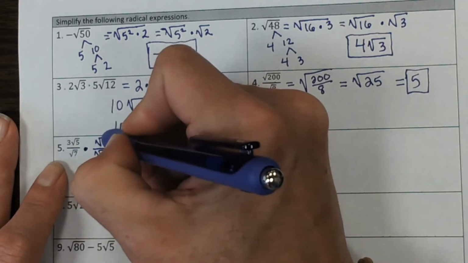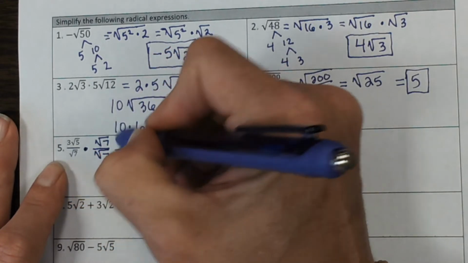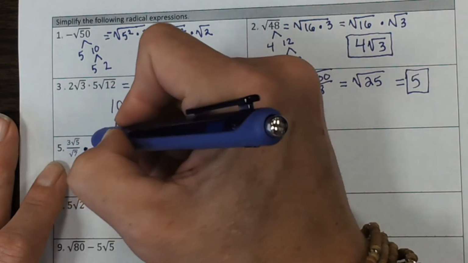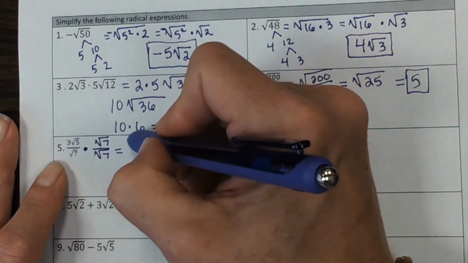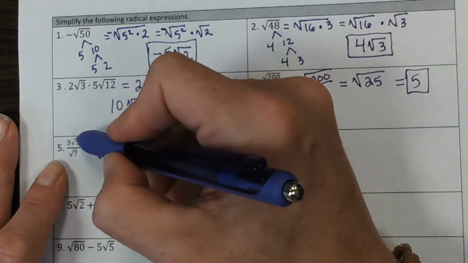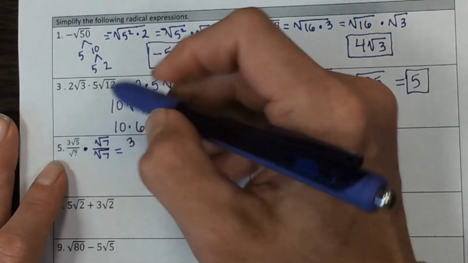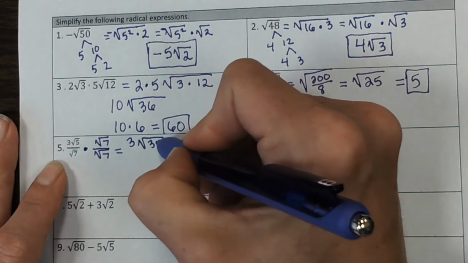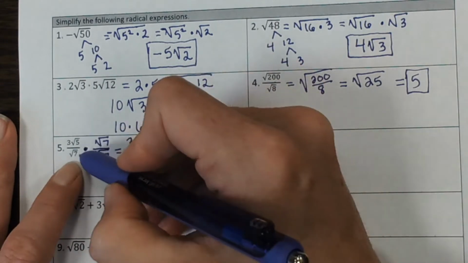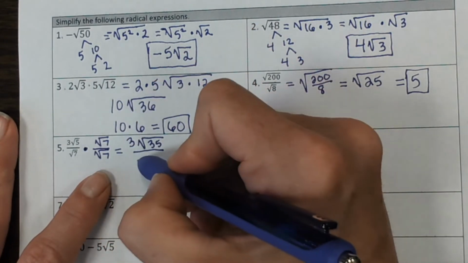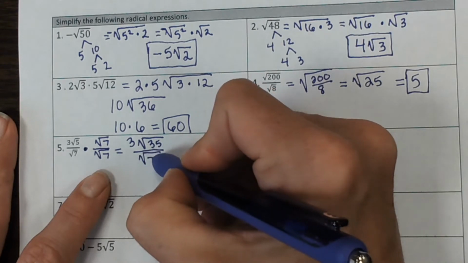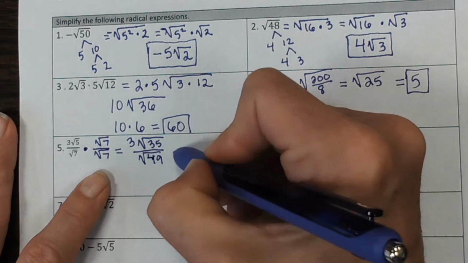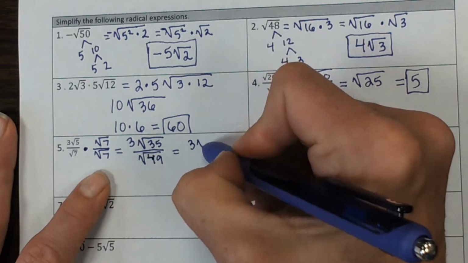So root 7 over root 7. Then I multiply, my 1 doesn't have a coefficient to multiply, so it just comes out. And then I have root 5 times root 7. So 5 times 7 is 35. And then that root 7 times root 7 gives me the square root of 49, which is just 7.